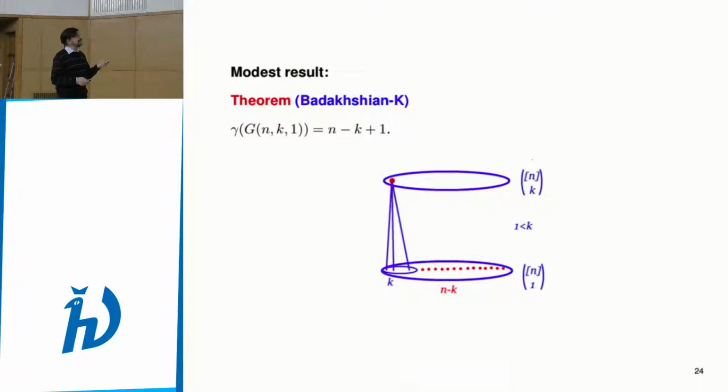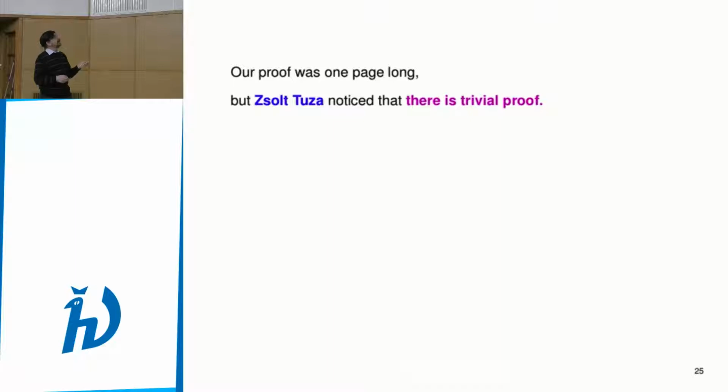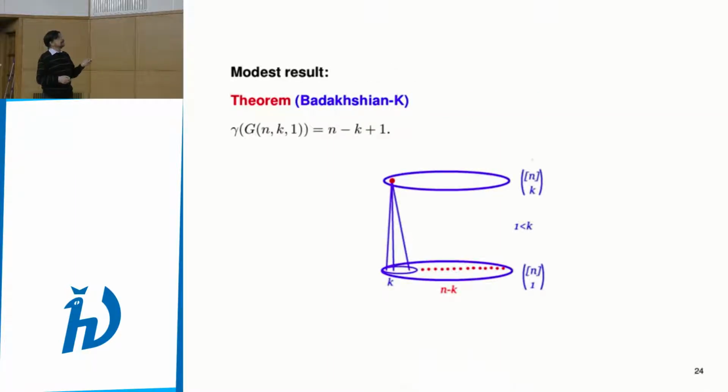Take one k-element set here out of this n-element set, fix a k-element subset here, and connect one element with all of them. Sorry, and you can see that this is a dominating set.